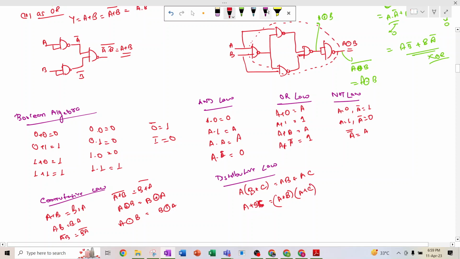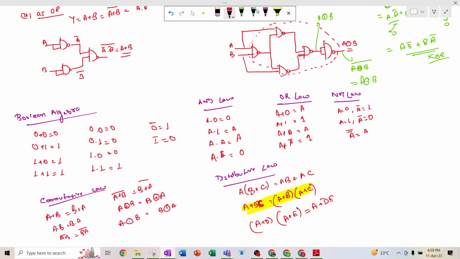This is one of the most important distributive laws that we should remember, and it is true vice versa also. Suppose there is (A plus D) and then (A plus E), that refers to A plus DE. So you should remember this thing also. These are basically known as the distributive law.